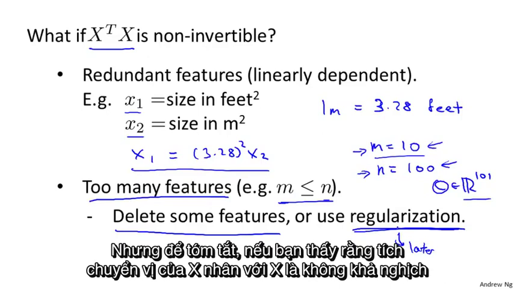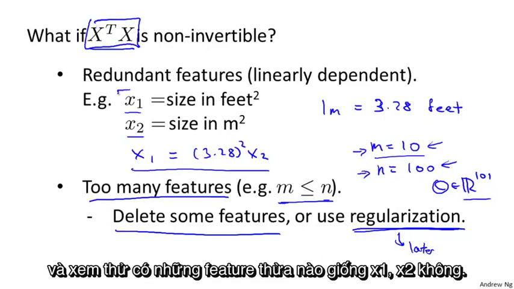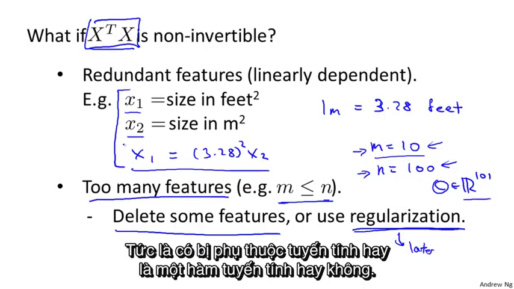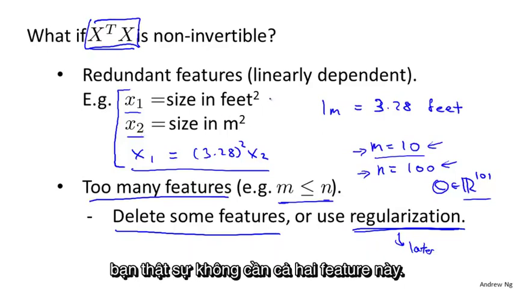But to summarize, if ever you find that X transpose X is singular, or alternatively you find it is non-invertible, what I would recommend you do is first look at your features and see if you have redundant features like this x1, x2, being linearly dependent or being a linear function of each other. If you do have redundant features, and if you just delete one of these features, you really don't need both of these features.